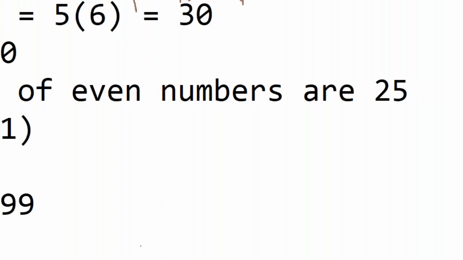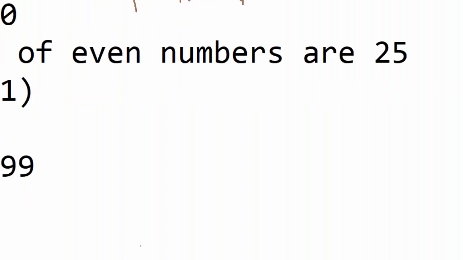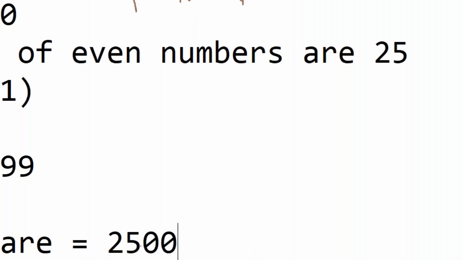Similarly, 1 to 1000, 500 odd numbers, and 1 to 999 is also 500 odd numbers. Whenever we know there are 500 odd numbers, the sum of these odd numbers should be 500 square.